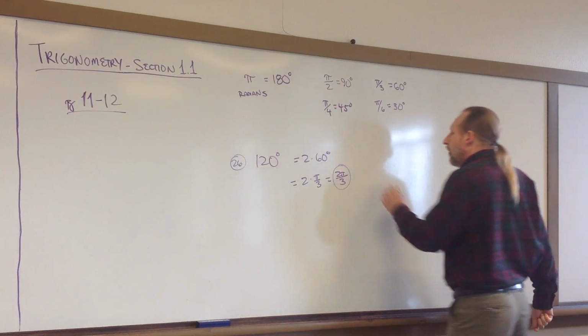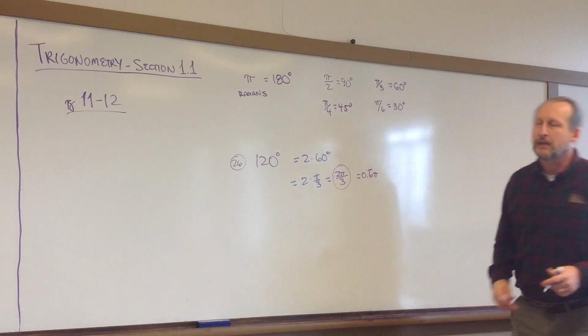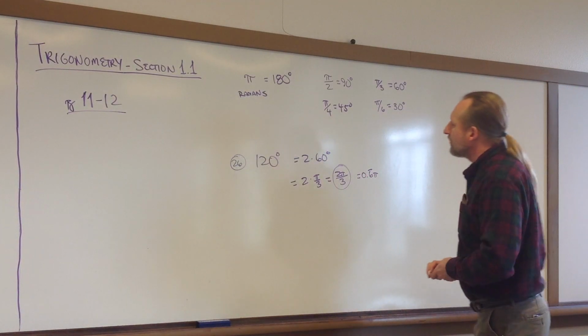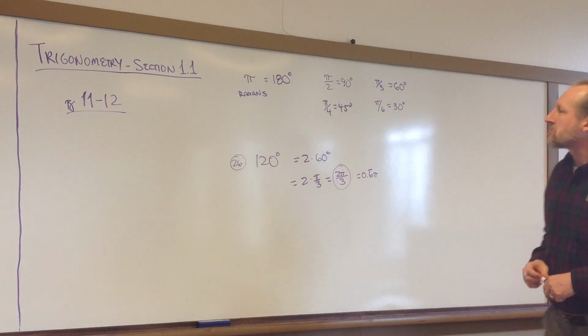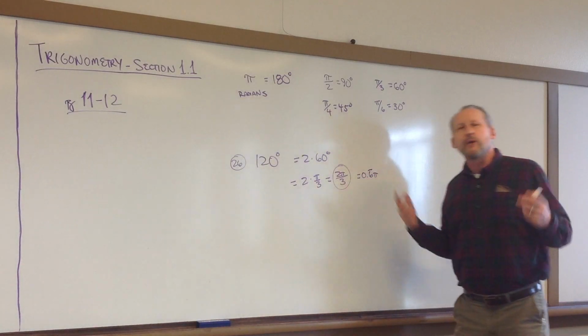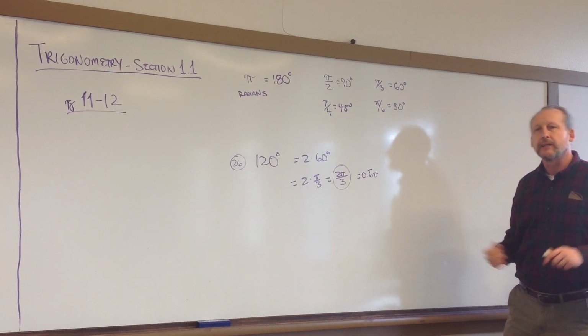Now, if you want to call this 0.6 repeating times pi, that's fine. Okay? Mostly in trigonometry, what you see is people using fractions rather than decimals. If you have a real aversion to fractions, this is still correct. I won't mark it wrong, but if you leave the bar off the 6, then it is wrong.